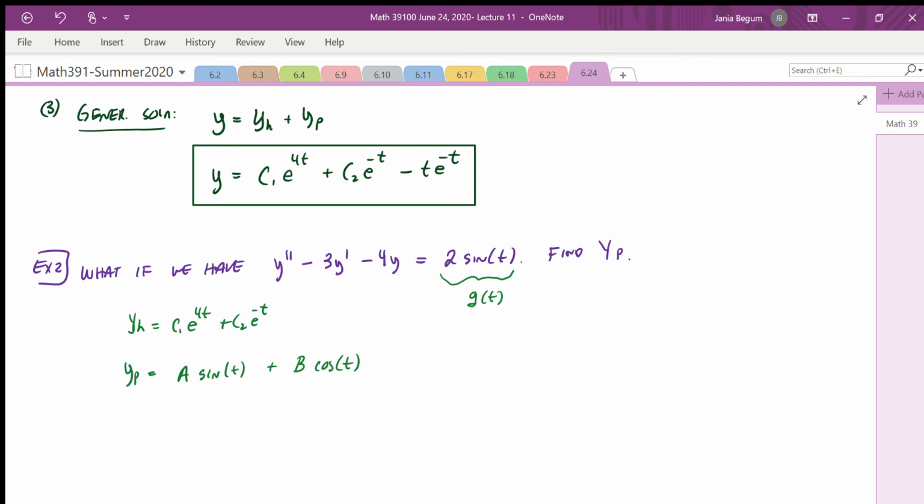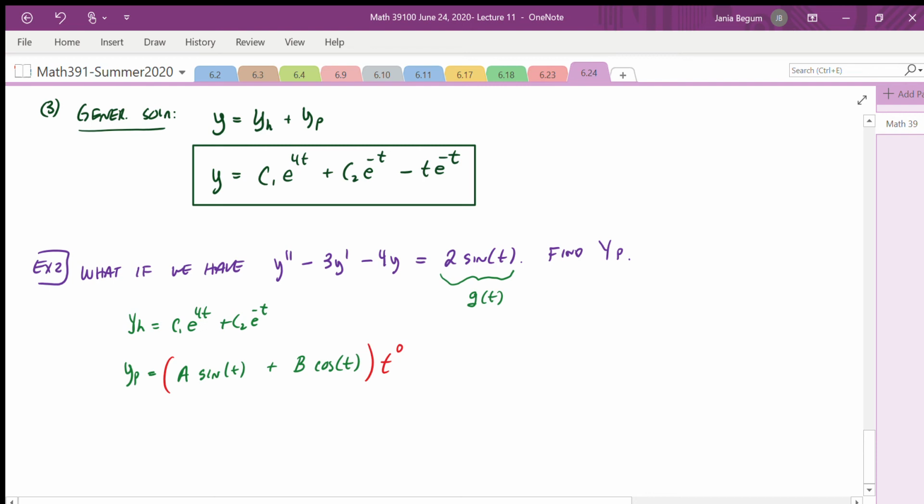Now is the time you're going to decide, does this appear in my homogeneous solution? If it does, we have to modify it by multiplying by t. Does any of this function overlap with the homogeneous? No. So that means that is the correct form for yp. If you want to think of it this way, you can multiply this by t to the 0 power, meaning you don't need to modify it.